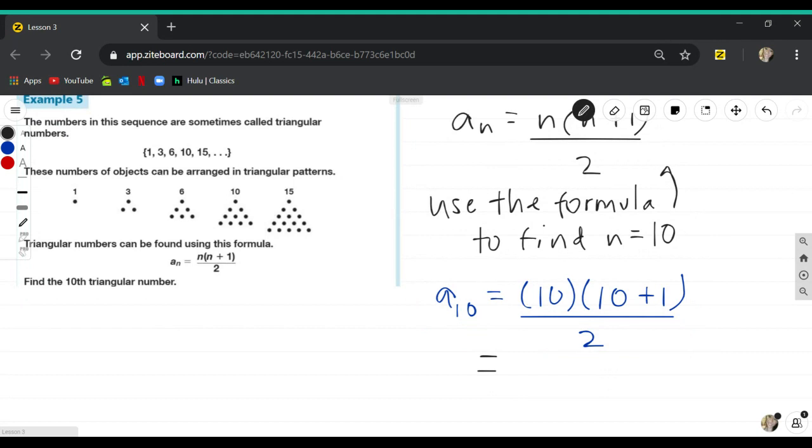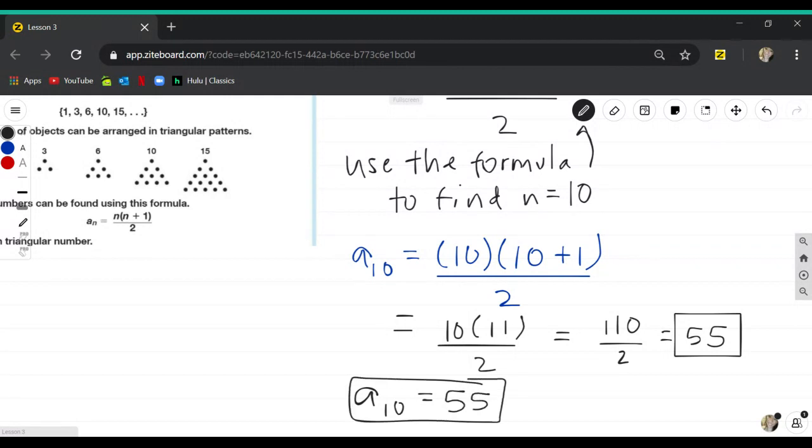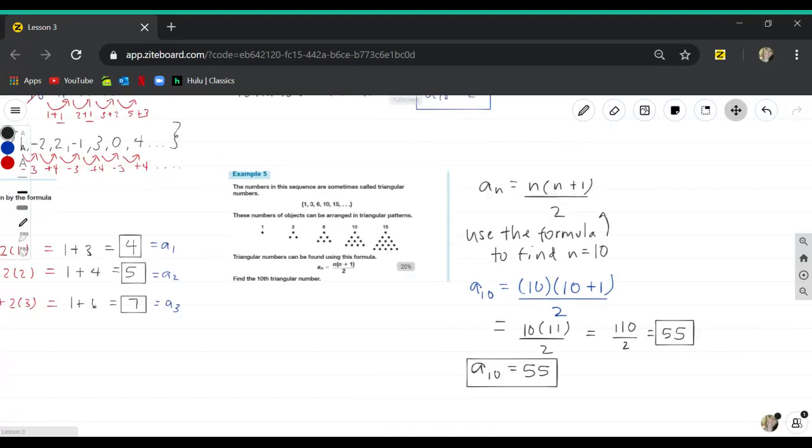It's going to be 10 times 10 plus 1, which is 11, over 2, which is equal to 10 times 11, which is 110 over 2, which is 55. So when a10, it is 55. Don't know how to make pretty squares. There you go. Awesome.